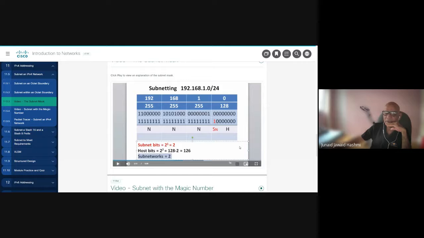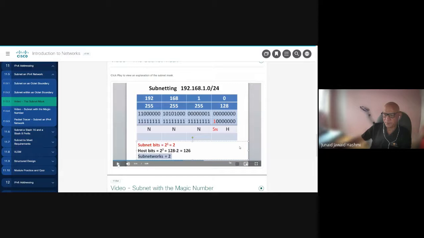Can anybody tell me? How do you calculate the hosts in each network? By calculating the remaining bits. 2 to the power of 7 gives you 128 hosts, minus the non-usable hosts, so you have 126.